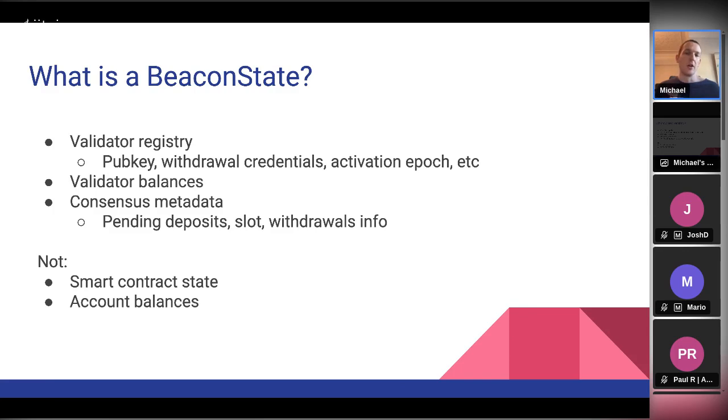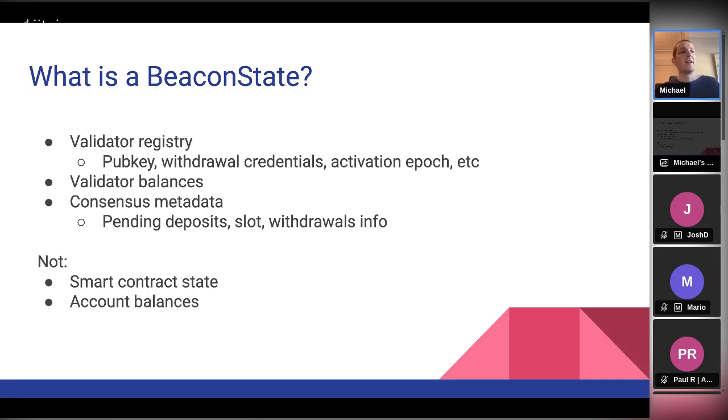On Ethereum mainnet, we have probably 1.8 million validators now, and the size of the beacon state is pretty much just proportional to those 1.8 million validators. Each validator gets maybe 100-something bytes in this state, with their public key, their withdrawal credentials, their activation epoch, their current balance, things like this. And then you just have 1.8 million of them.